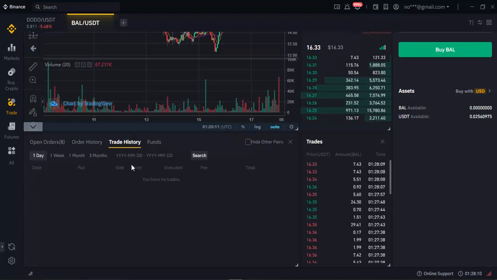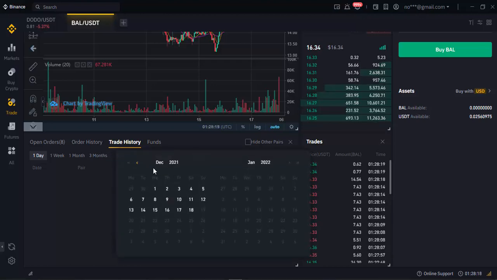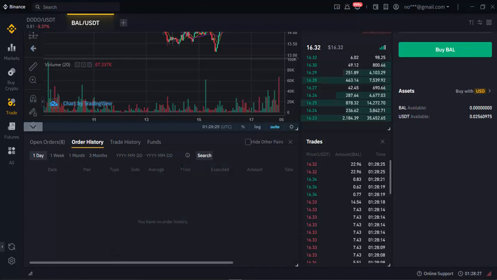Under this, this is 1 day. You can choose the date range for you to be able to see either trade history or order history. Anyone you want to see, you can do a search and see that.